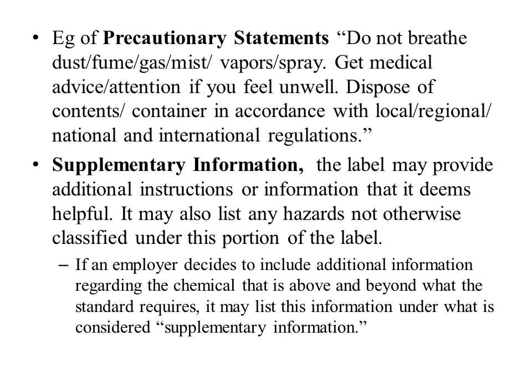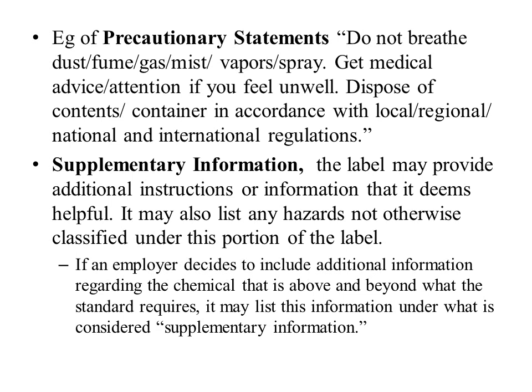Next, there will be supplementary information. The purpose of the supplementary information is to provide additional instructions or information that may help the employer. It also lists any hazard not otherwise classified under this portion of the label.